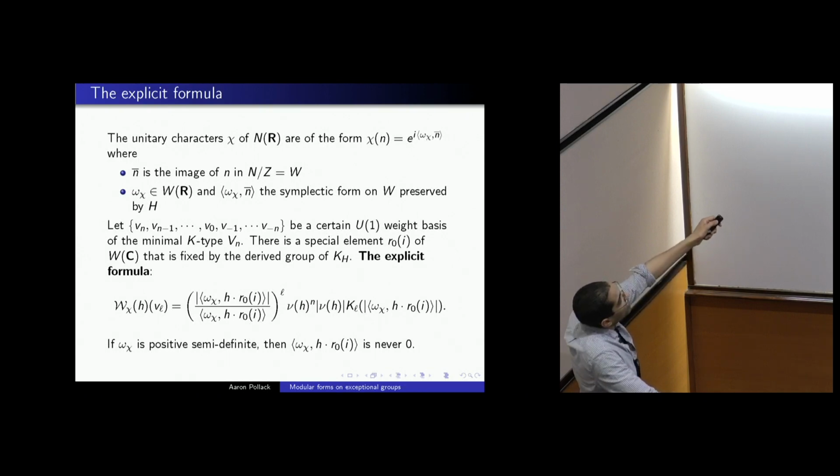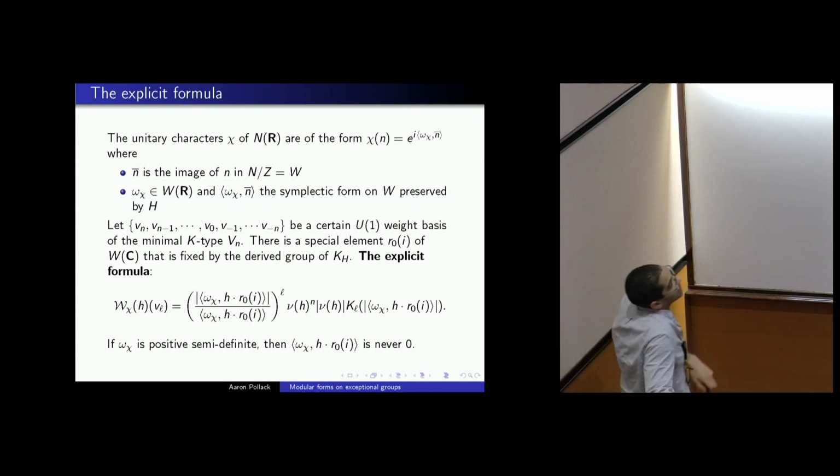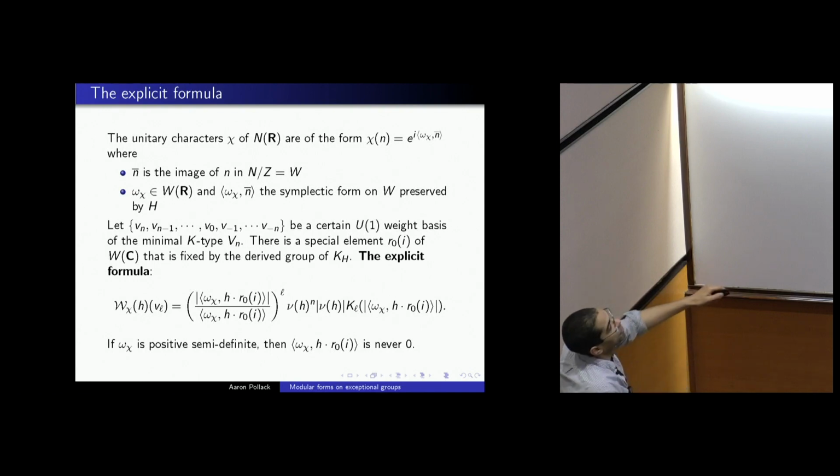Namely, you take a particular basis of the minimal K-type, which is a sort of U(1) weight basis, and there's some special element, which you have to give some name, in the complex points of this abelianized unipotent radical. And here's the explicit formula. You evaluate W chi of h on this V sub l, and it involves K-Bessel functions of l. So l is an integer here between minus n and n.